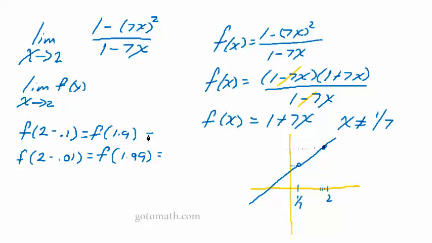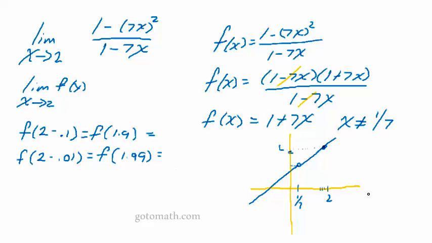As we get closer and closer to 2, we're getting closer and closer to, we'll call this L, wherever this number is at. That would also get us closer and closer to that hole if we were doing it at 1/7.